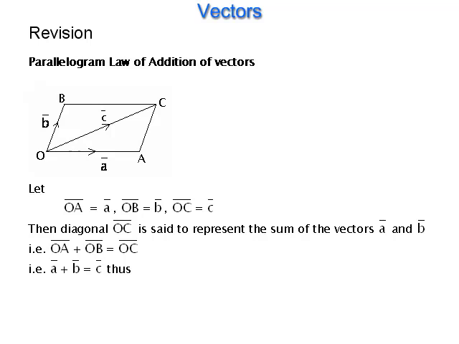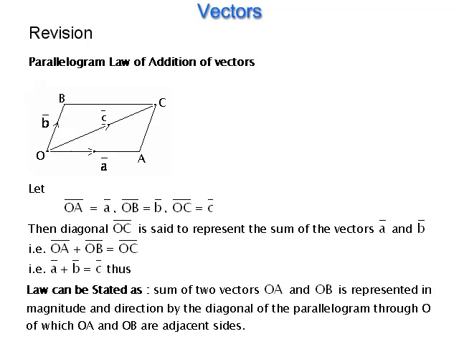If OC bar equals C bar, then OA bar plus OB bar equals OC bar, that is A bar plus B bar equals C bar. Thus, parallelogram law of vectors can be stated as: the sum of two vectors OA bar and OB bar is represented in magnitude and direction by the diagonal of the parallelogram through O, of which OA and OB are adjacent sides.